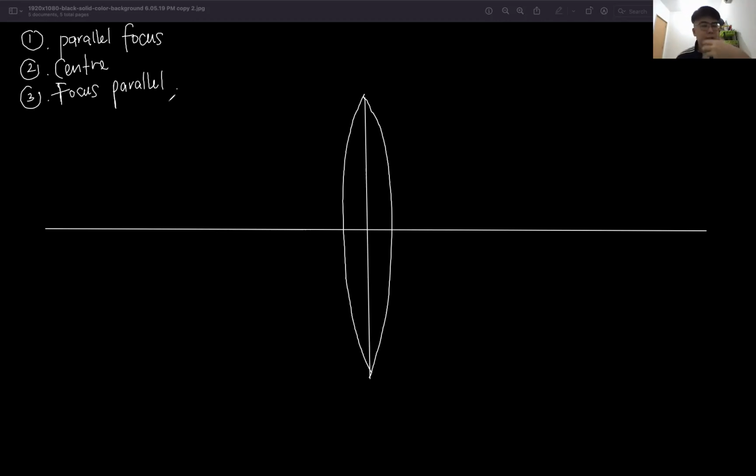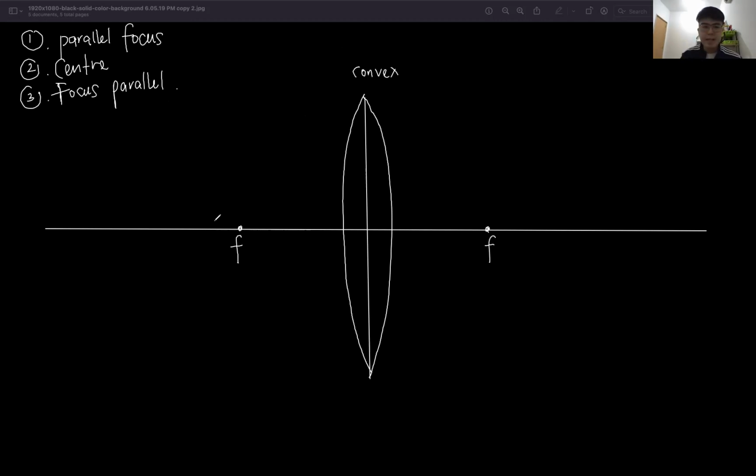Now, I'll teach you how to use these 3 to draw any light ray diagram, regardless of concave or convex. Follow these simple 3 rules to sketch your light ray. Let's say we start with convex. So you should have the focal point, right? The focal length, I'm going to use small letter f to show the distance here.